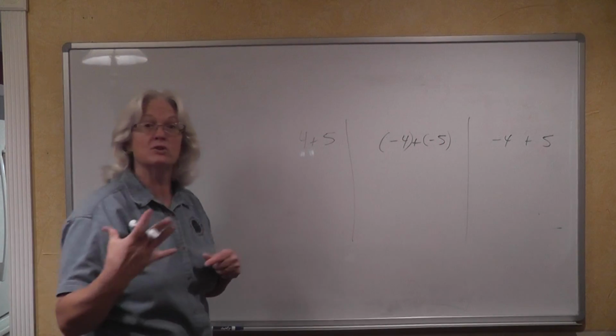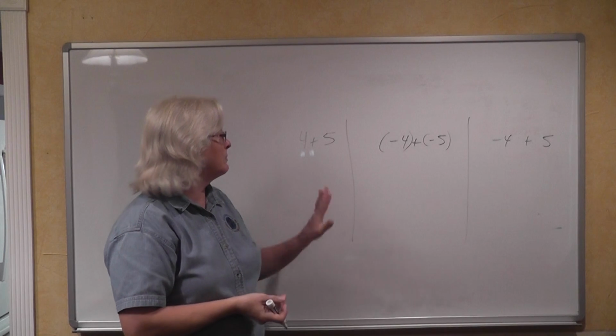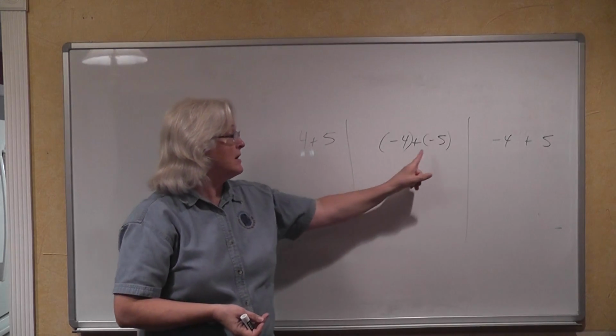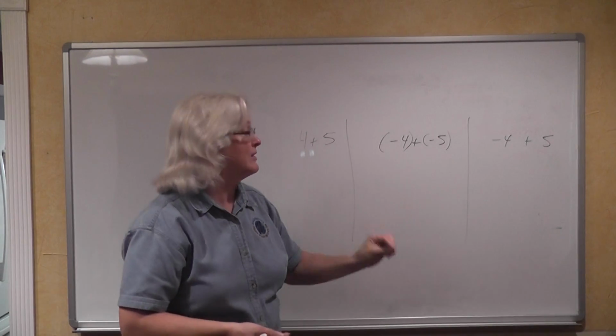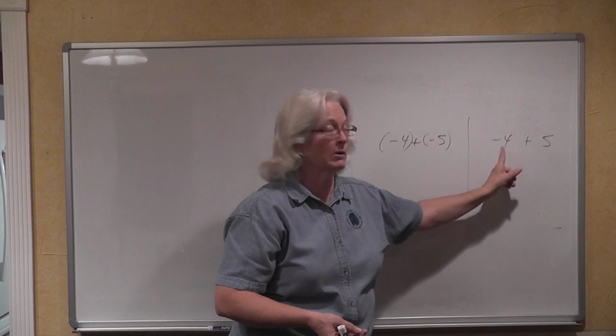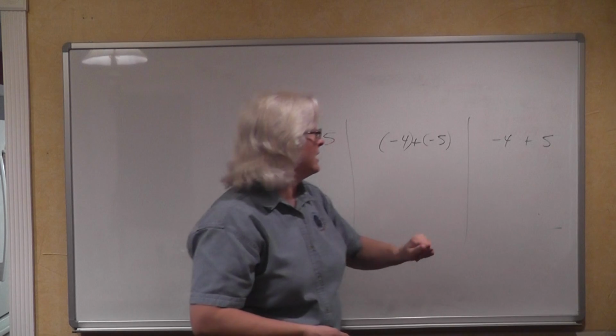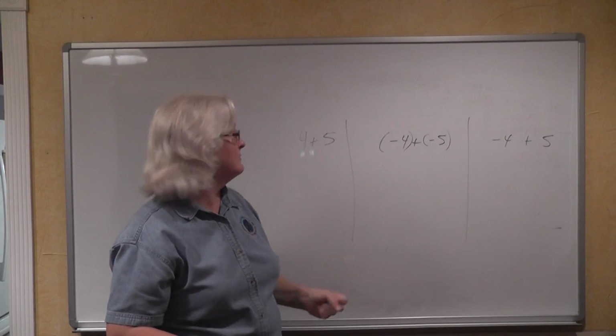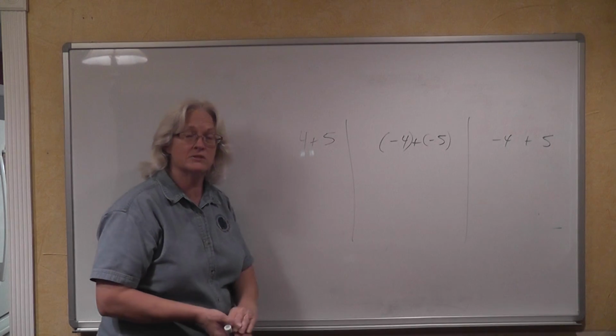You see that I've used the same digits in all three problems, but the signs in front of the digits have changed. We have a negative 4, positive 5. We have two negatives, we have two positives.